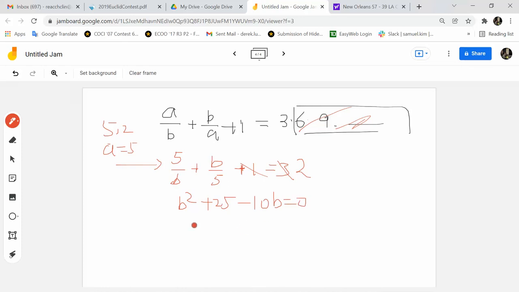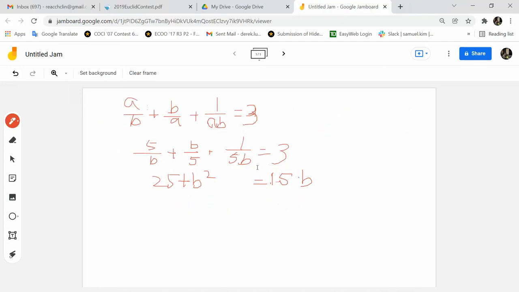Before I write it wrong, here should be 1 divided by AB, so the answer should be like this. So we have this as the answer.